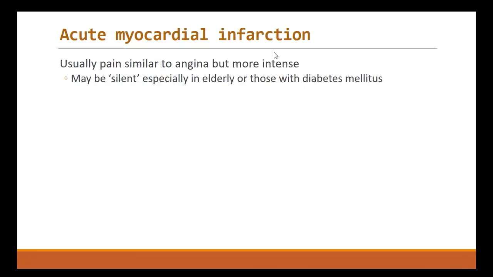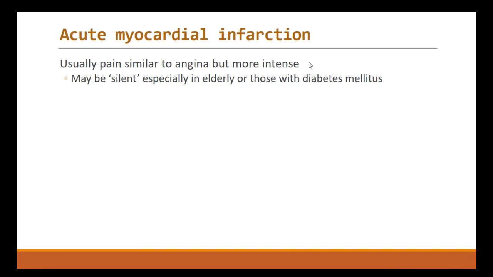Usually the pain is similar to angina, but much more intense in acute myocardial infarction. It may be silent in the elderly or those with diabetes mellitus. So people who have diabetes mellitus, you have to specially educate them on danger signs of angina or myocardial infarction, because they may not feel any pain.